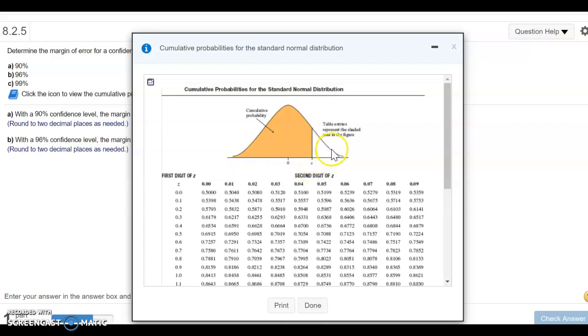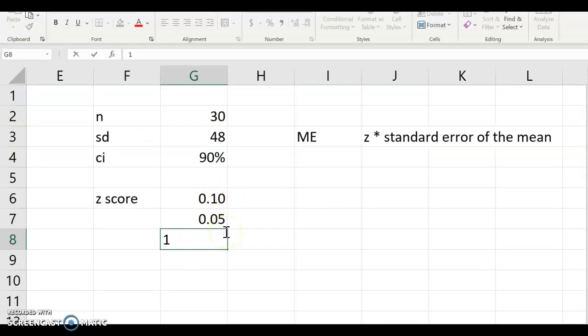So you need to subtract out the upper tail. And our upper tail for this one is 0.05. So we need to subtract that out. We want the probability all the way up to z, subtracting out the upper tail. So 0.95 is what we need to look up on the table.